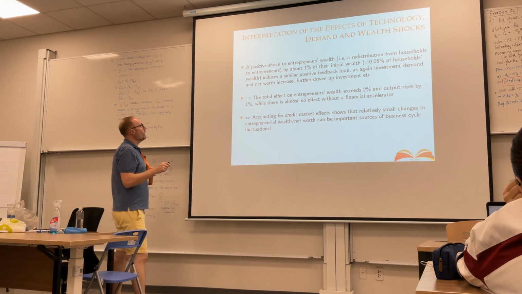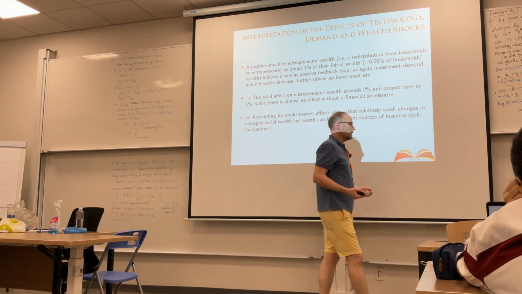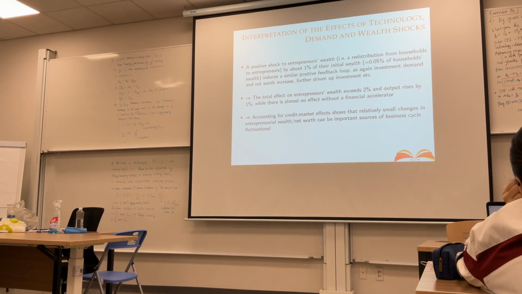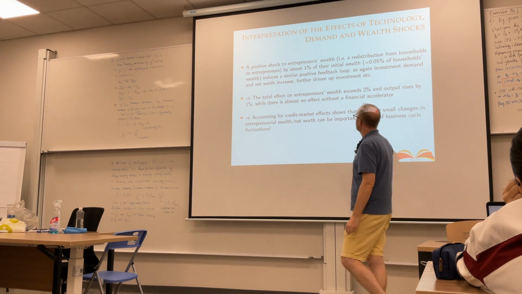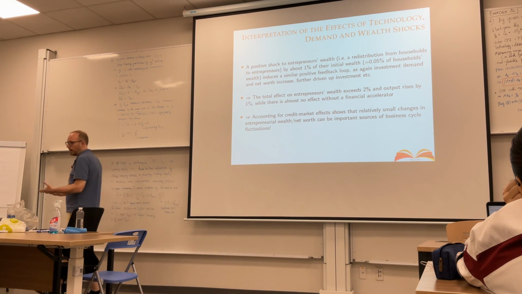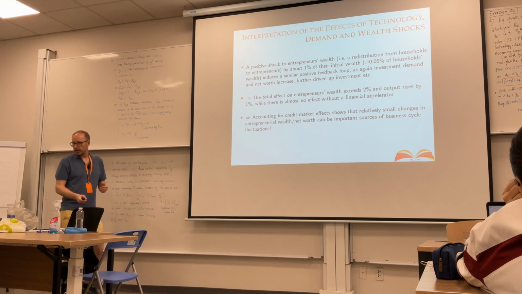The wealth shock is a positive shock to our entrepreneurs' wealth. I think we just increase their net worth by about 1%. This induces a similar positive feedback loop. They have higher net worth, they can borrow more, so they demand more capital, they invest more, and this boosts output.